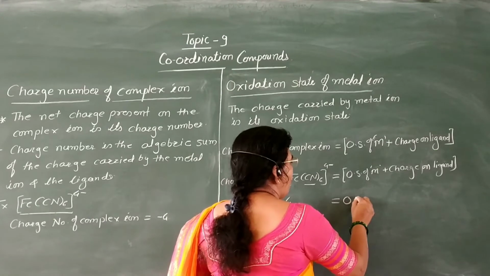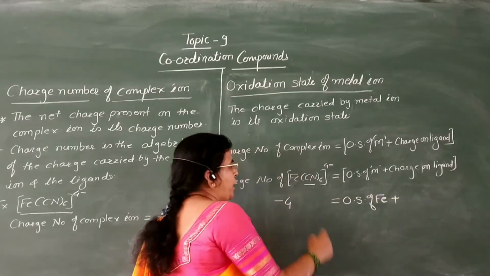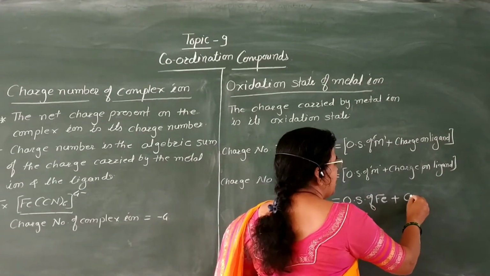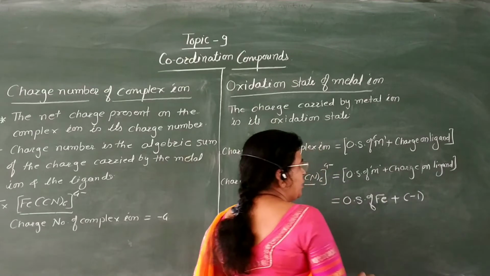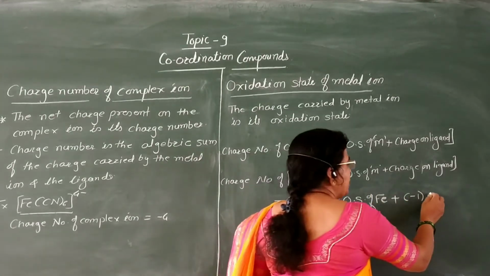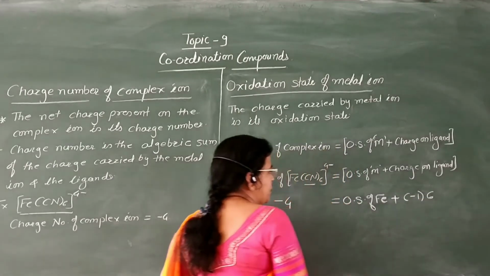The oxidation state of iron we have to calculate. Now there is CN ligand, and the charge on the ligand is -1, and there are 6 CN-, therefore it becomes -1 multiplied by 6.